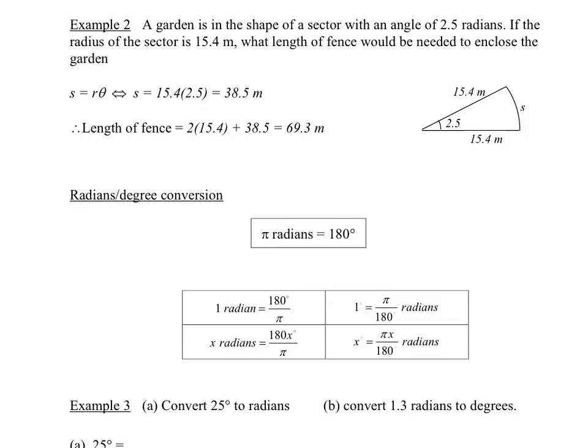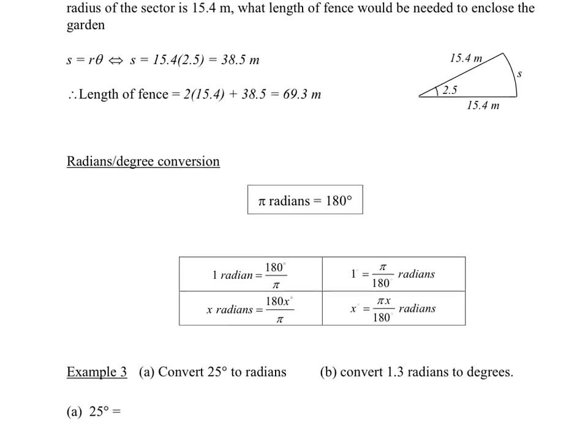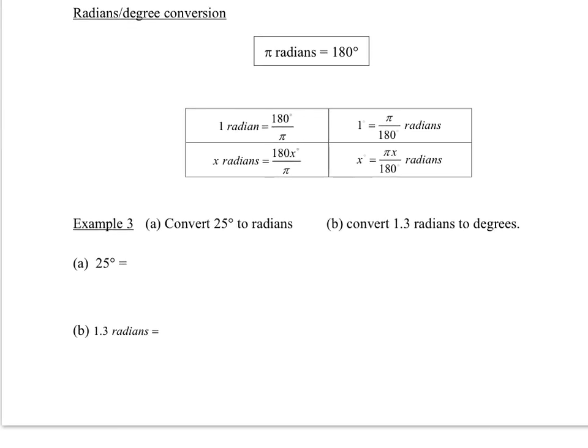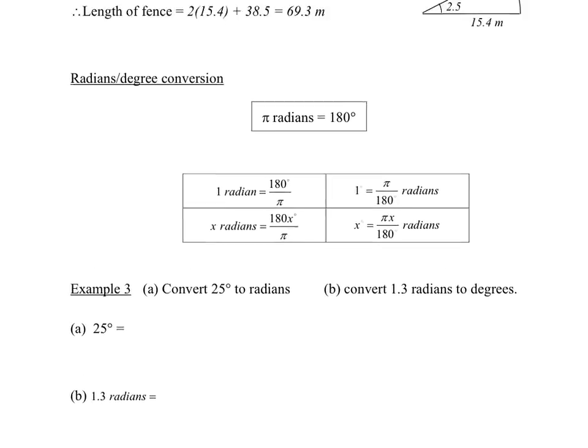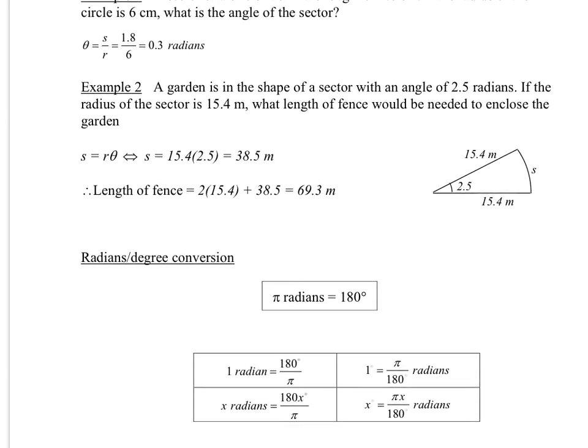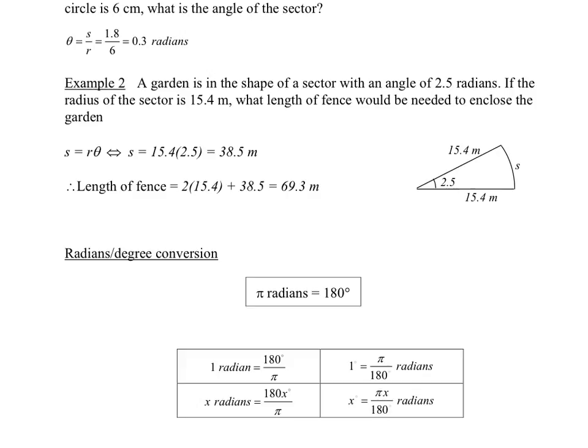Now, it's often useful to be able to convert between radians and degrees. If I just remind you, you might remember from geometry that the circumference of a circle is 2 pi r. All the way around the circle is 2 pi r.